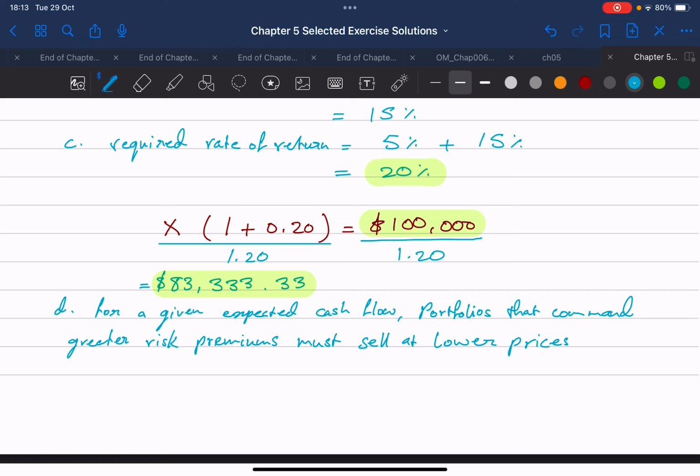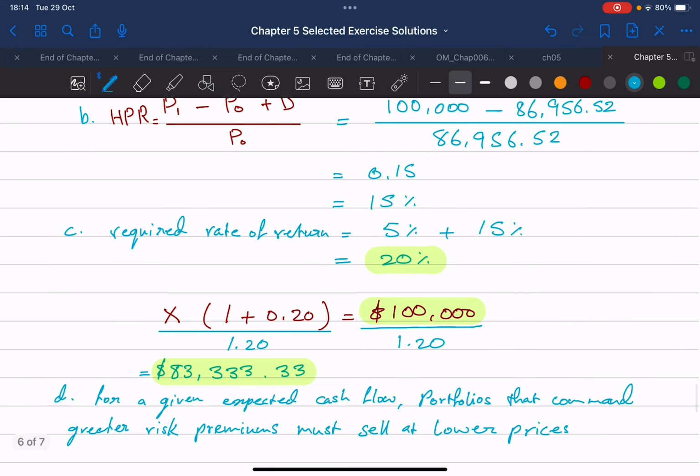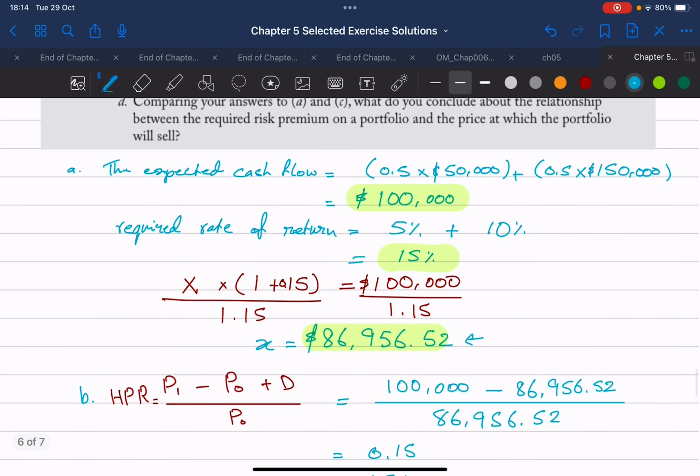All right. And since they are requiring higher rates of return, since the terminal value of the portfolio is fixed, as you can see here, at $100,000, they will only be willing to pay lower amounts to acquire that investment, which is going to generate them $100,000. Okay?